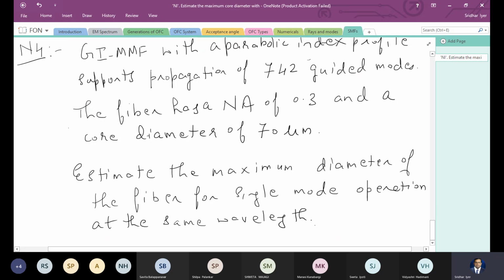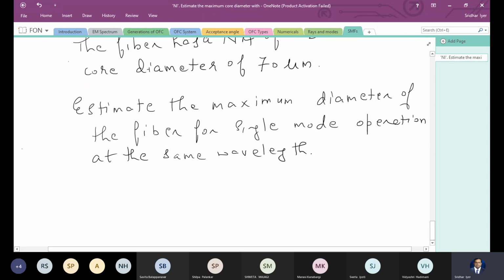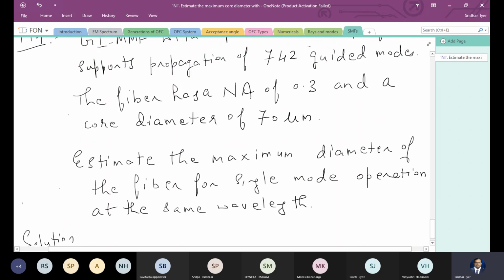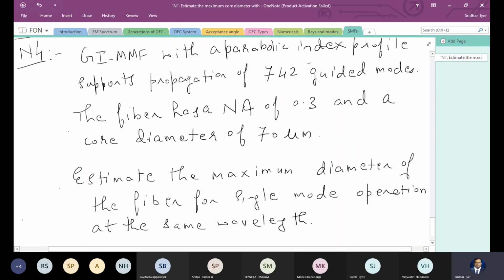So let us first note down what are the parameters which are given to us. It is a graded index multimode fiber with a parabolic index profile.